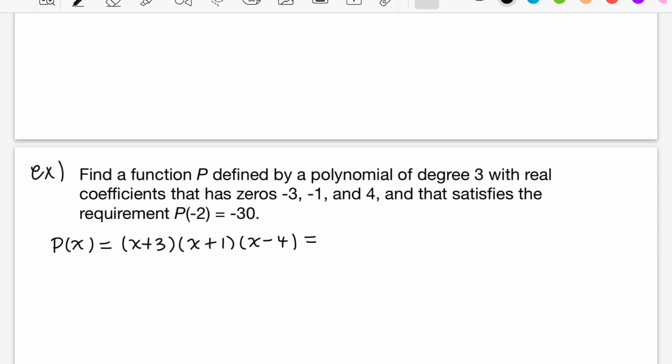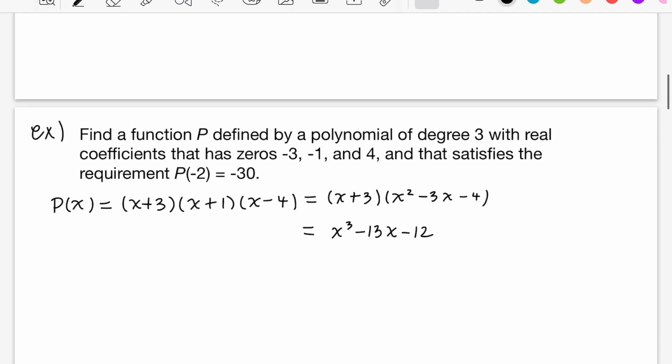Multiplying this, we'll get x squared minus 3x minus 4, which is going to be x cubed minus 13x minus 12 when we multiply it by that x plus 3 term there.